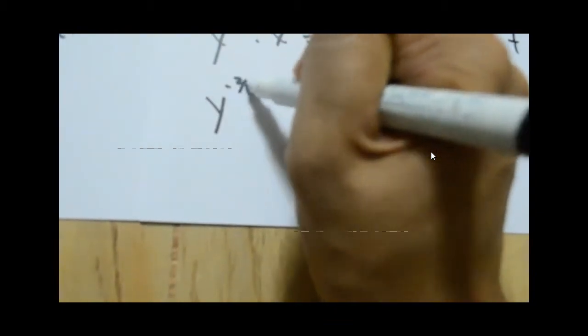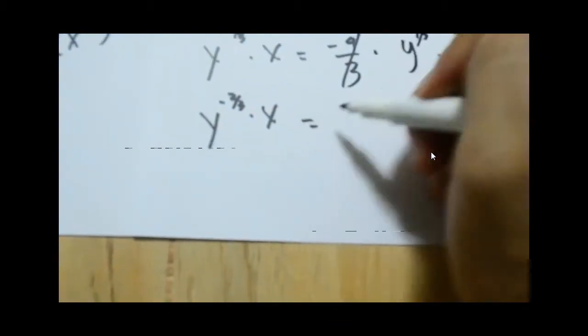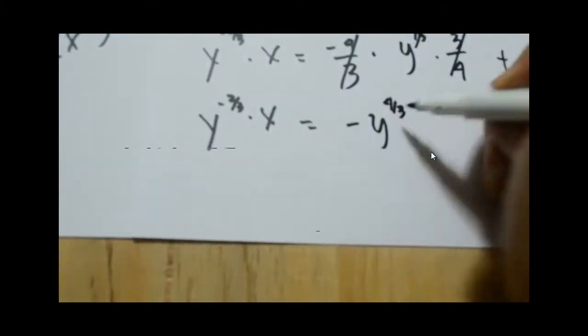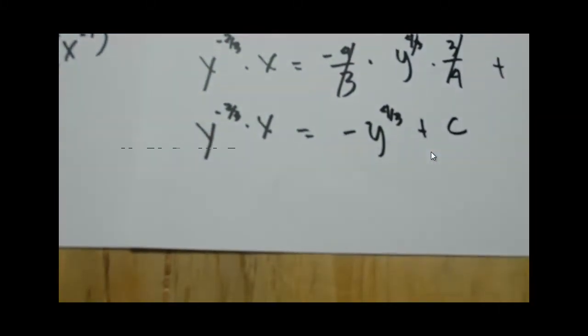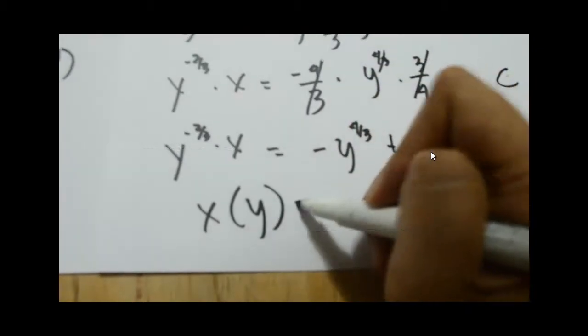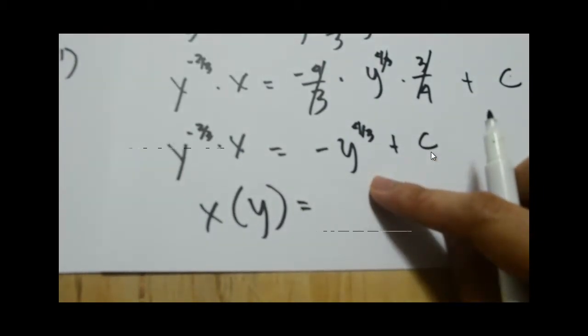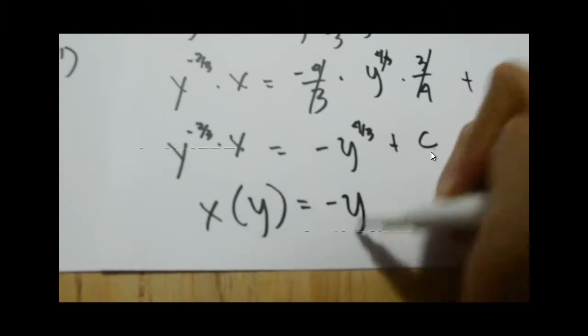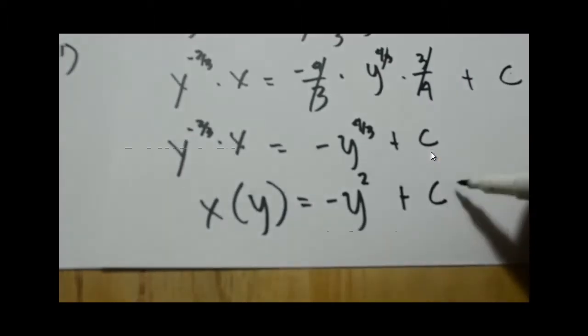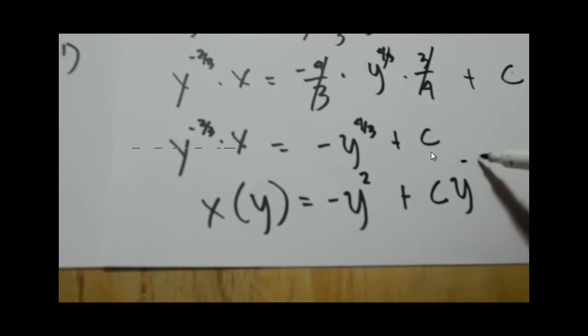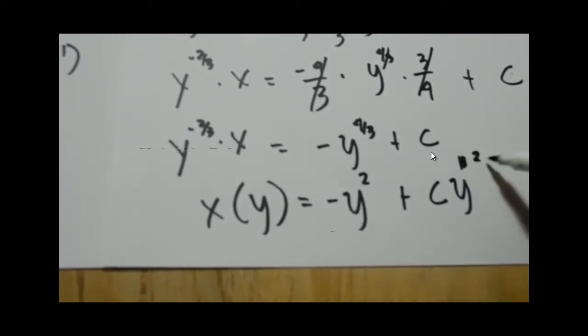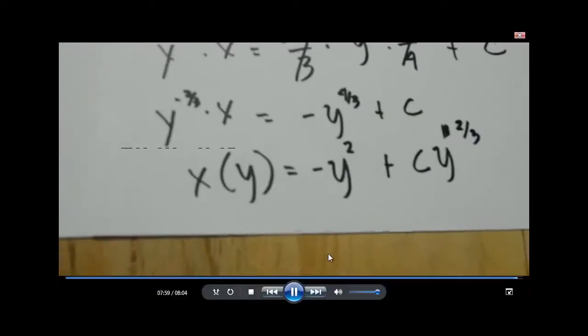We have y to the negative 2/3 times u is equal to negative y to the 4/3 plus c, and dividing it by y to the negative 2/3, we'll have u of y is equal to negative y squared plus c y to the 2/3.